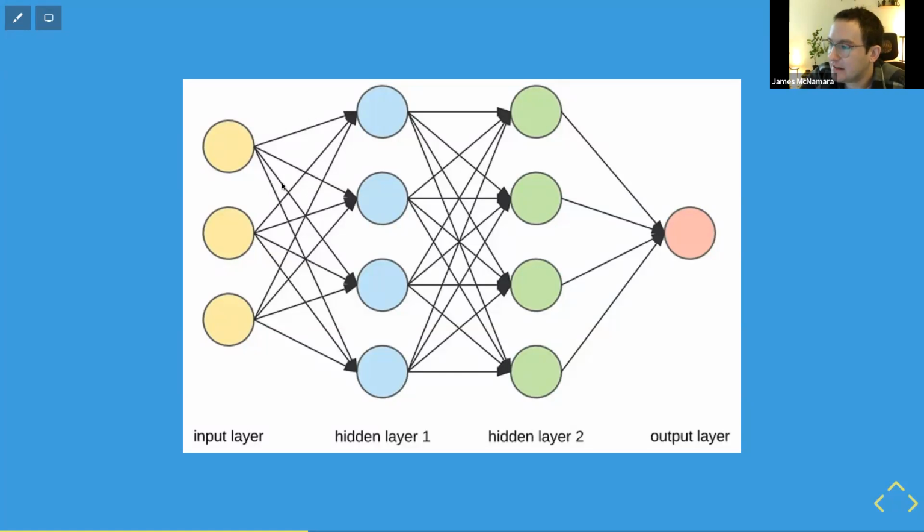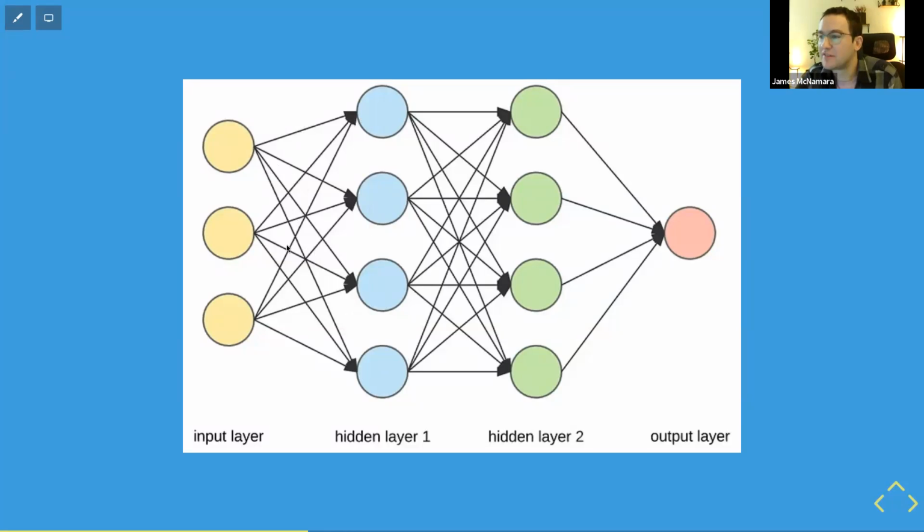And then finally, the last thing is these arrows between the nodes. These are the connections between a node and the next node, or the next layer. Every node is connected to every node in the next layer. So you can see there's an arrow coming out of the input to every single one of these nodes in the next layer. And those edges, those connections, all they are is a single weight.